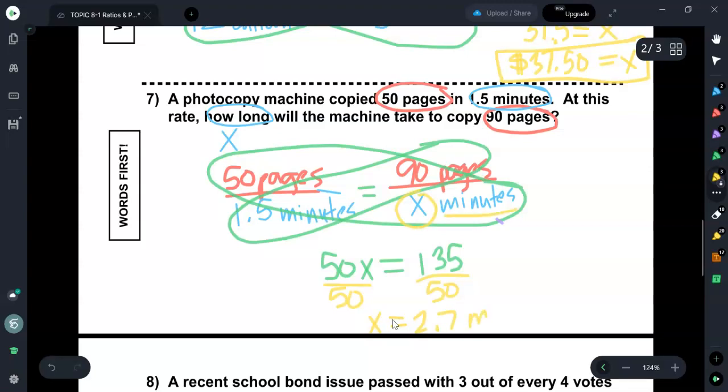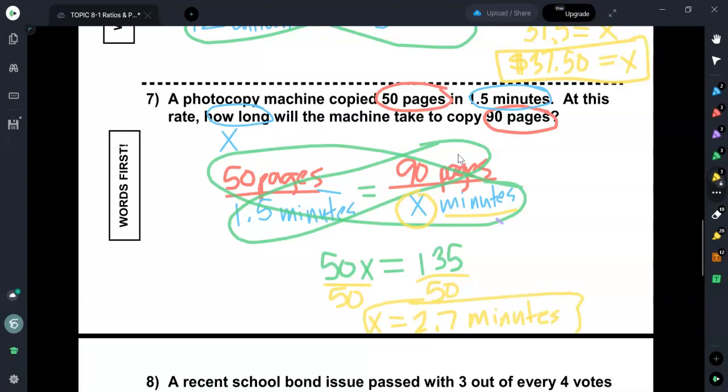Minutes. So what that means is that if it takes 1.5 minutes to make 50 pages, 50 copies, it's going to take 2.7 minutes for 90 pages. So hopefully you're getting an idea of how to set up these word problems.